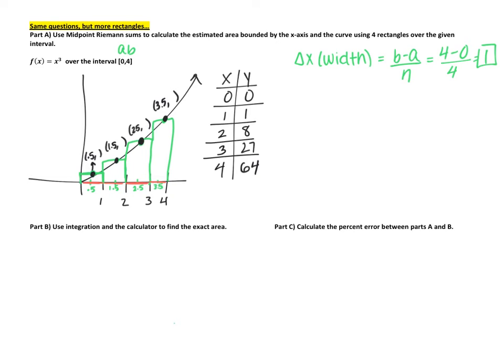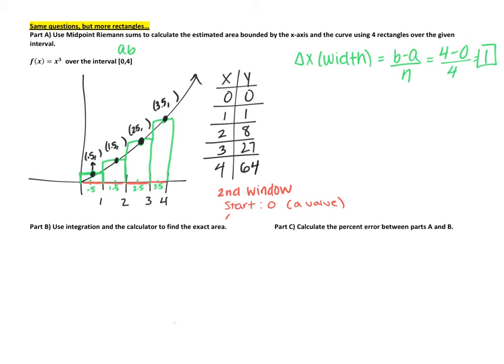If you want to do this easiest, you can type into the calculator. You can hit second table set, or second window, and you can adjust your change in table. Your table start should be at 0, the beginning of the interval, so the a value.